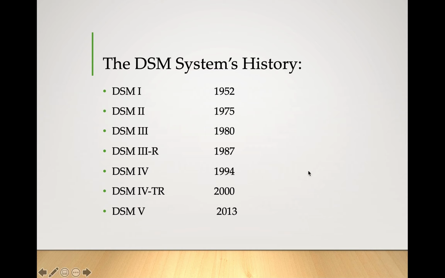The first came out in 52. The next one came out 23 years later. Then the third one came out 5 years later. Then the revised one came out 7 years later. Then we kind of have this long pause of 13 years, right? And so this is what we have.